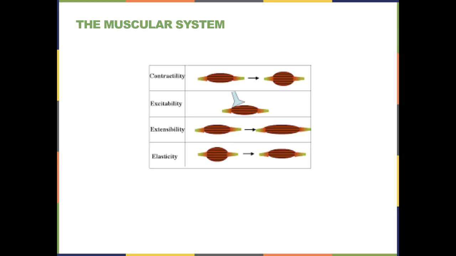Now, muscles have certain properties that are important for their function. The first of these is sort of obvious, that is that they contract, and it's shown at the top here, and that just means that the cells can shorten forcefully, so that they can pull together or generate a force in which they become shorter than their original length.